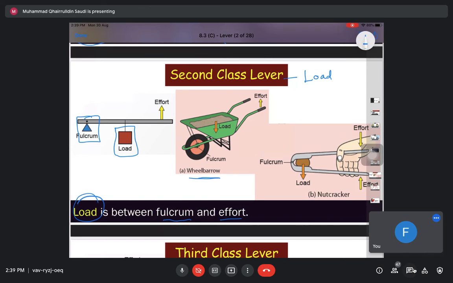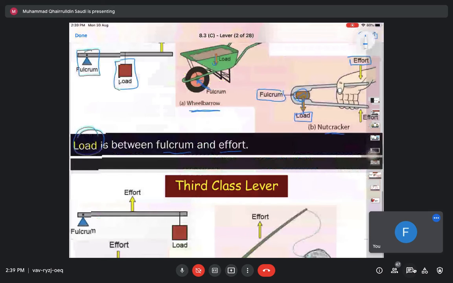The fulcrum is at the end, the load is at the center, while the effort is at the other end. Another example would be a nutcracker. We can see that the load is at the center. The fulcrum will be this end and the effort will be at the other end. Senang je kan? Okay, and you already learned this before. This is just a revision for you guys.